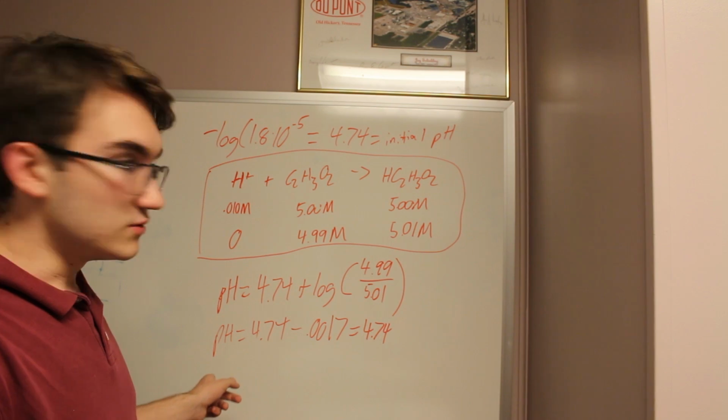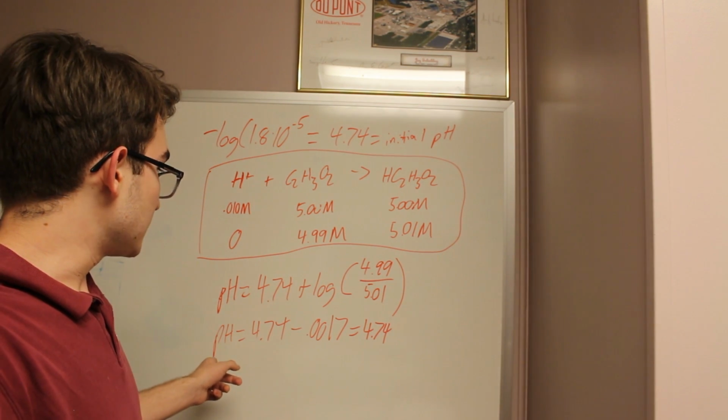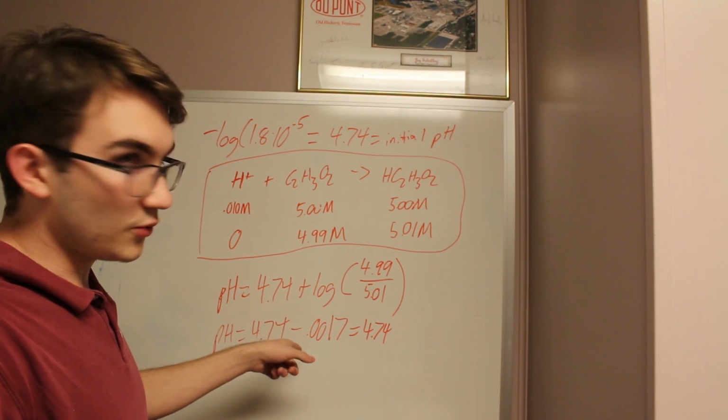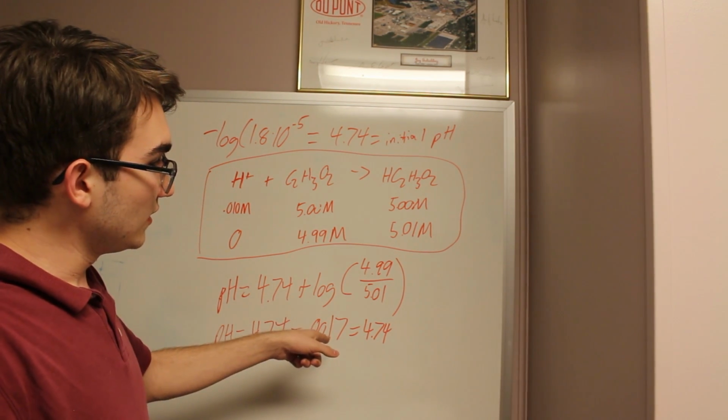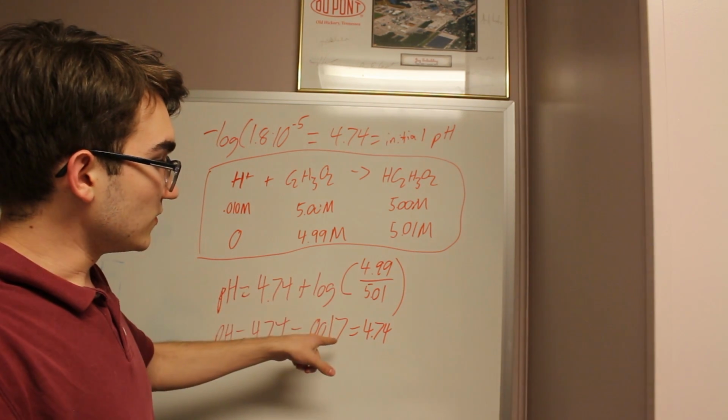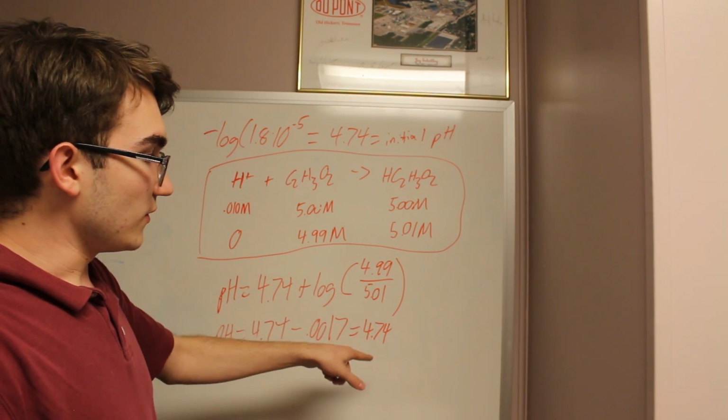And from that, we can do some adding and subtracting and find that the pH equals 4.74 minus 0.0017, which is the divided out ratio of that, which is about 4.74.